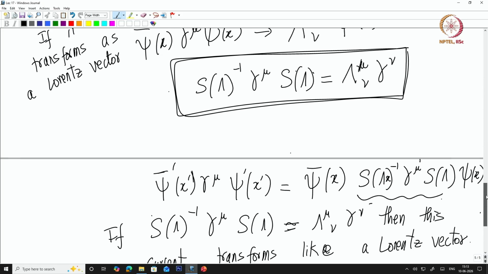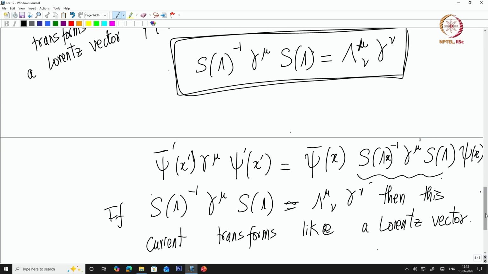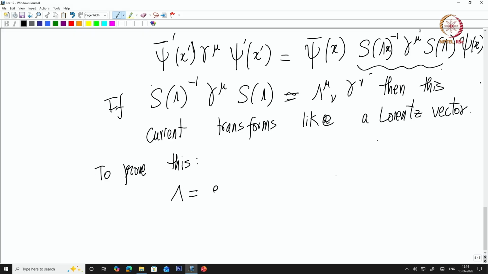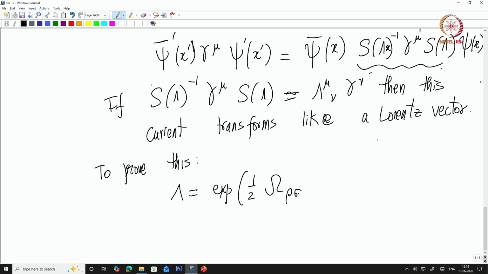To prove this, you have to again take the representation of S. Suppose lambda is equal to exponential, as we wrote down in the previous class, of omega rho sigma M rho sigma. If I take the linear term, it is 1 by 2 omega rho sigma M rho sigma plus so on.